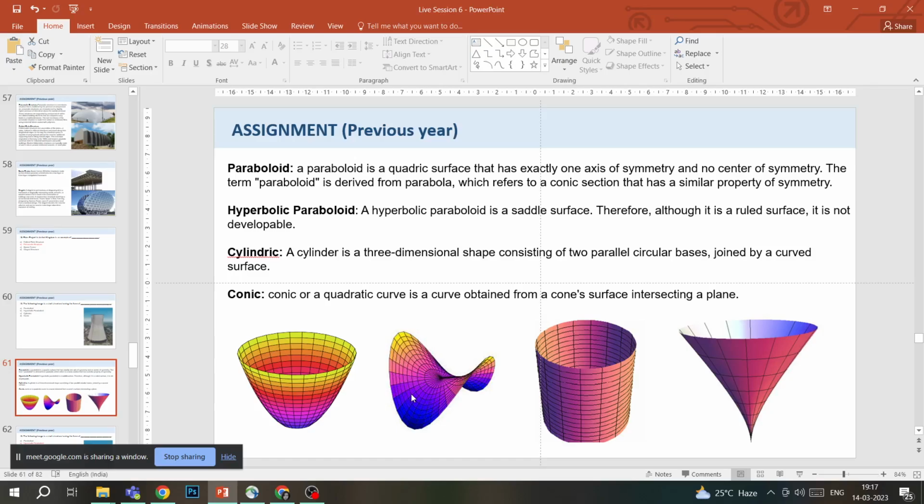Hyperbolic paraboloid is a saddle surface, and we have talked about hyperbolic paraboloid before, and it is a ruled surface. It is not developable. Cylindric. A cylinder is a three-dimensional shape consisting of two parallel circular bases joined by a curved surface. Then conic. Conic or a quadratic curve is a curve obtained from a cone's surface intersecting a plane. So this is how all these four shapes look like.